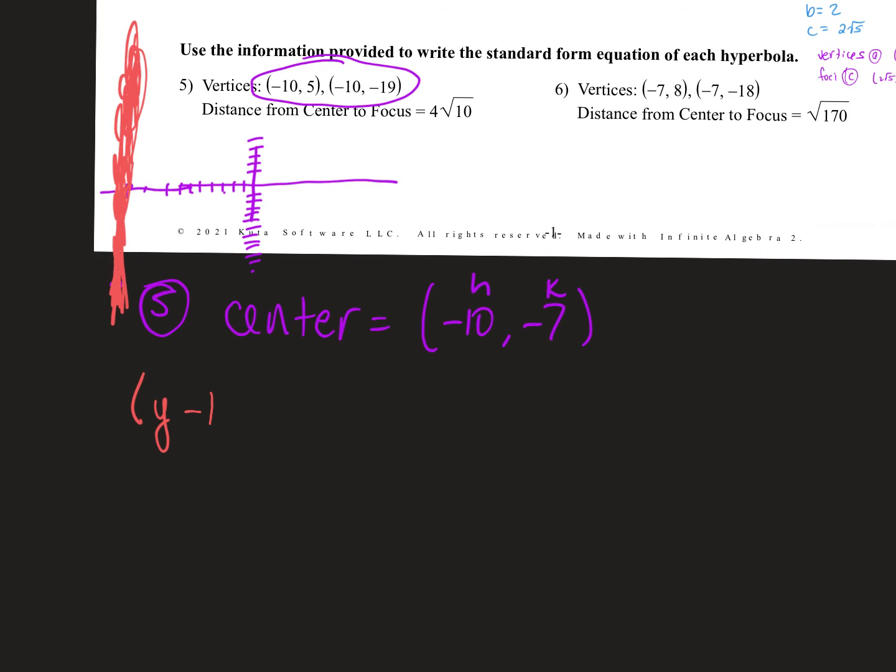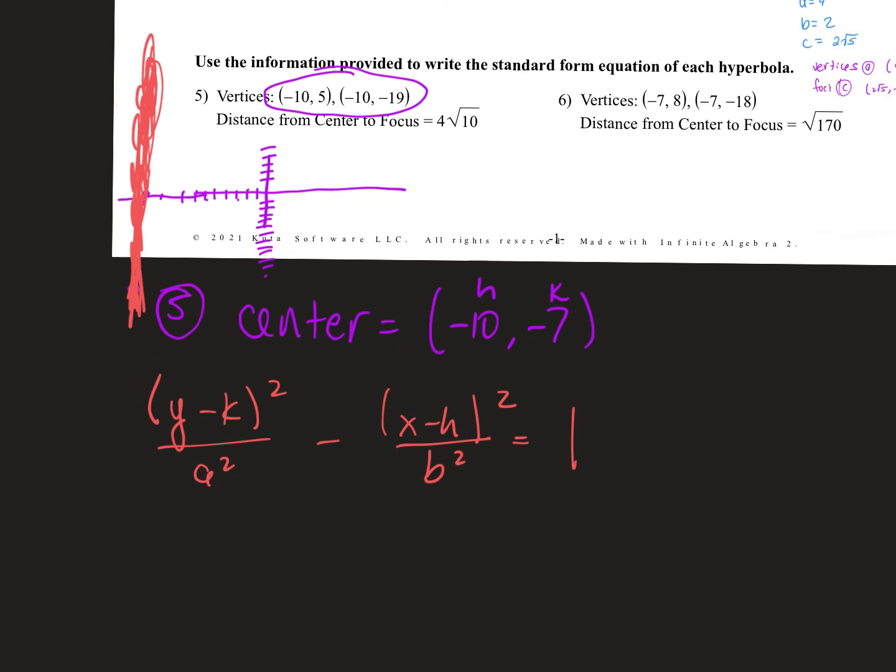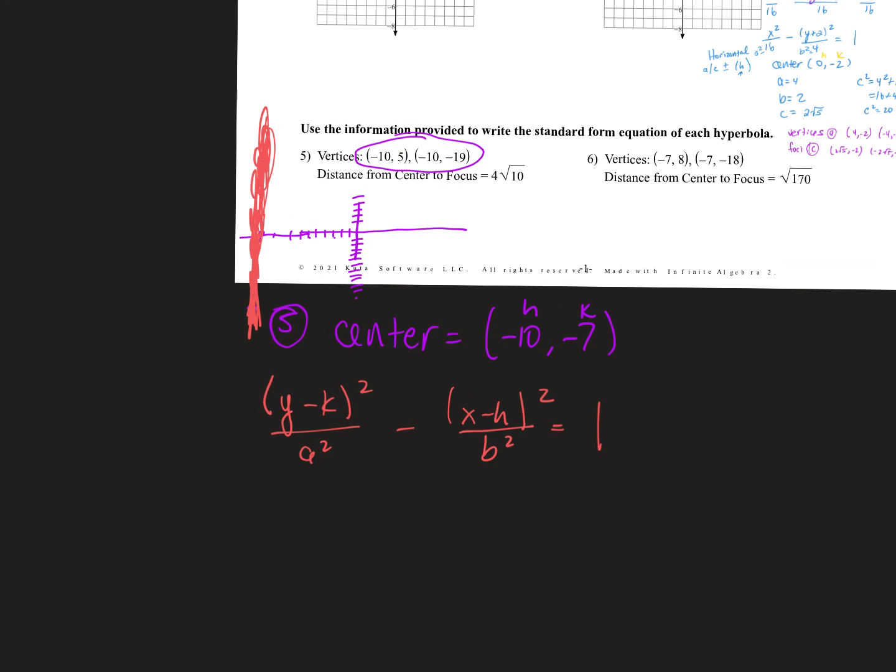It's y minus k, quantity squared over a squared, minus x minus h, quantity squared over b squared equals what number? What should it always equal, guys? 1. Thank you.